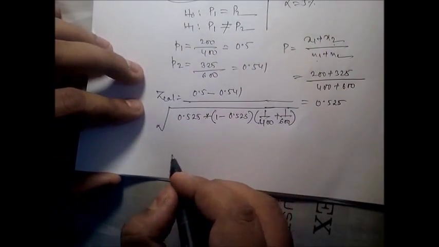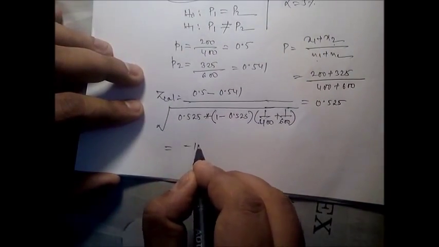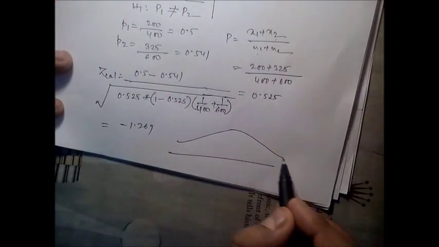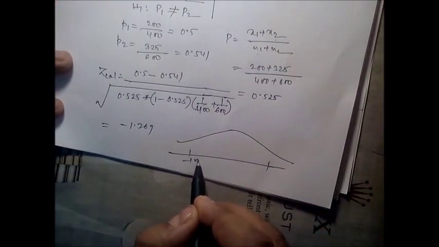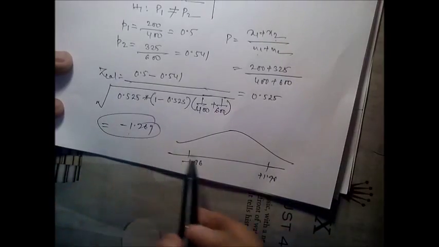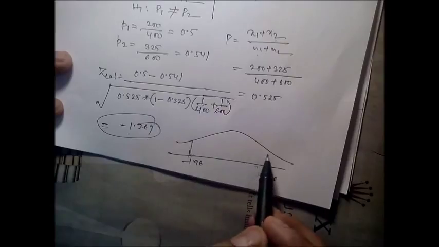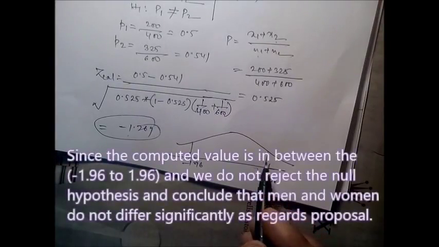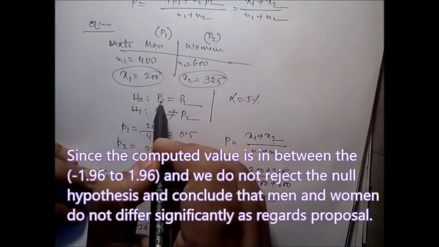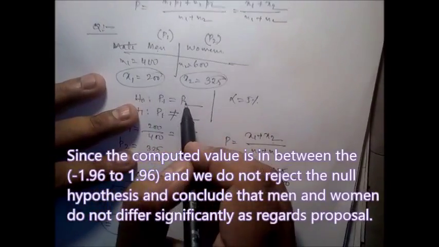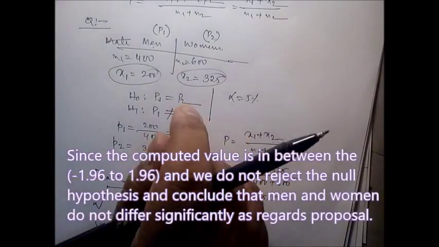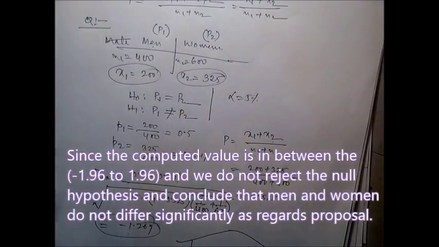The formula you already know. And if you solve it, you get the value minus 1.269. Okay, it is a two-tailed test, minus 1.96 to plus 1.96. This statistic is in between the range, the acceptance range. So do not reject the null hypothesis. That means proportion of men and proportion of women are the same.